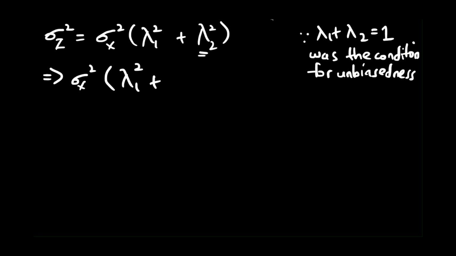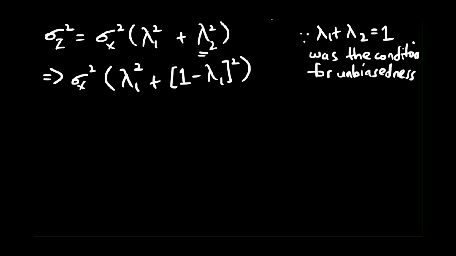Lambda 2 is simply 1 minus lambda 1, if we rearrange this expression. So this can be rewritten as sigma squared X times lambda 1 squared plus 1 minus lambda 1, the whole thing squared. So this is what we have.